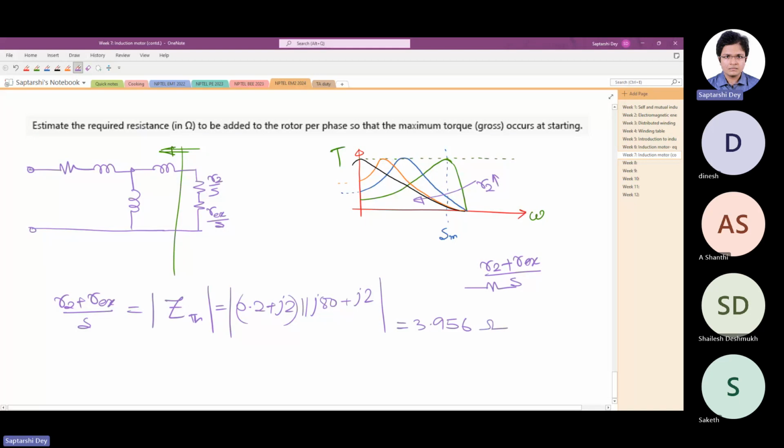Now we want this maximum torque at starting. So at starting, what is the value of slip? Slip is 1.